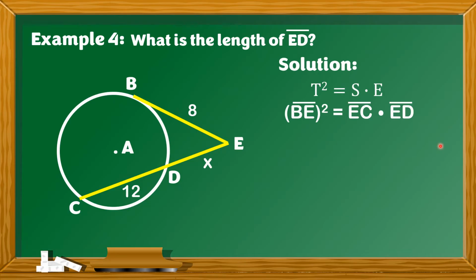So we have line segment BE is 8. So we have 8 squared equals line segment EC, that is the secant line. So that is 12 plus the unknown segment. So we have 12 plus x times line segment ED is x.